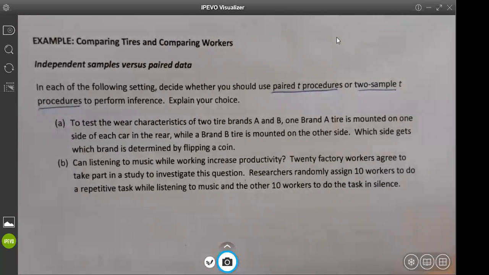The easiest way that I can tell you, you guys remember matched pairs? You guys remember that a long time ago? What was matched pairs? So anybody remember matched pairs? Matched pairs means that you get both treatments.